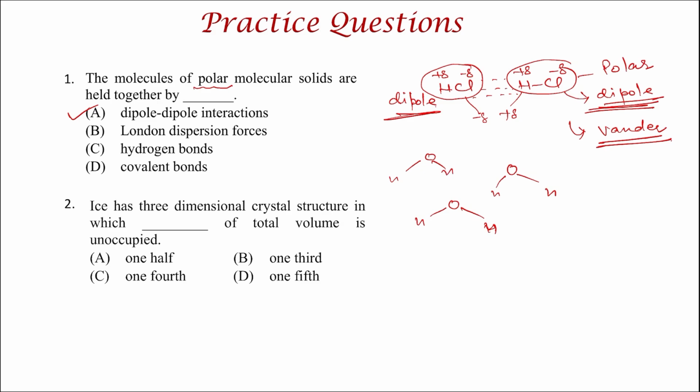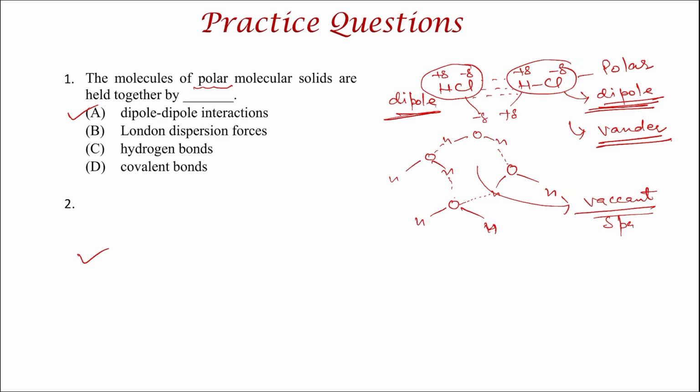This oxygen also forms hydrogen bonding, and as a result of this hydrogen bonding, a number of vacant spaces are present. Generally, you just have to remember that 1/2 of the total volume is unoccupied, that is, 50% of these vacant spaces are present.